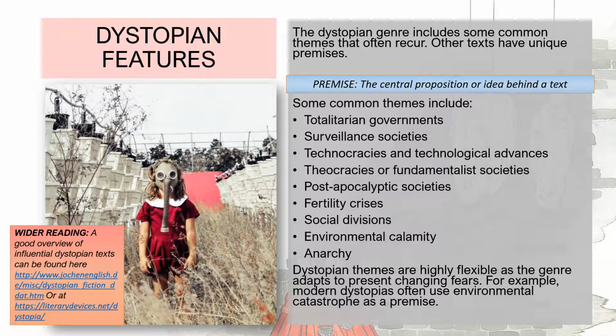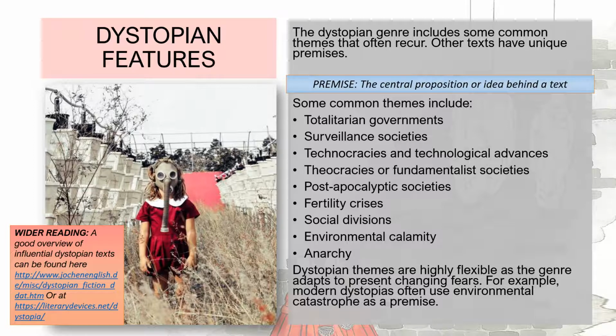Some of these, if you've read Handmaids, and you should have read Handmaids, will start to sound familiar to you now. We also have post-apocalyptic societies. The post-apocalyptic wasteland is a familiar setting for certain dystopias. Fertility crises. Handmaids is not unique in its portrayal of fertility crises. There's also The Children of Men by P.D. James, which is a highly recommended dystopia.